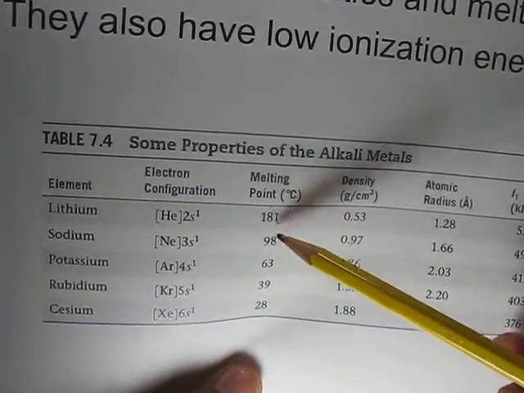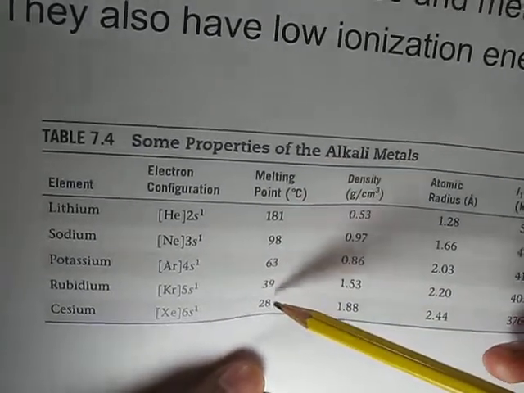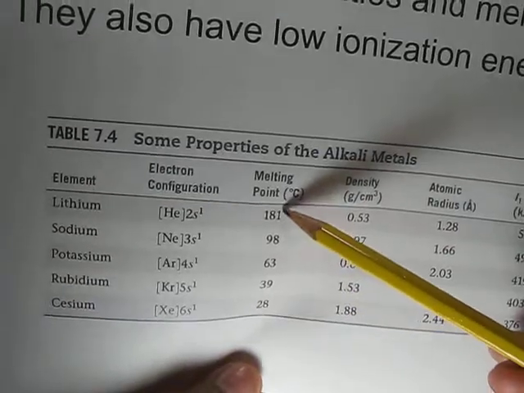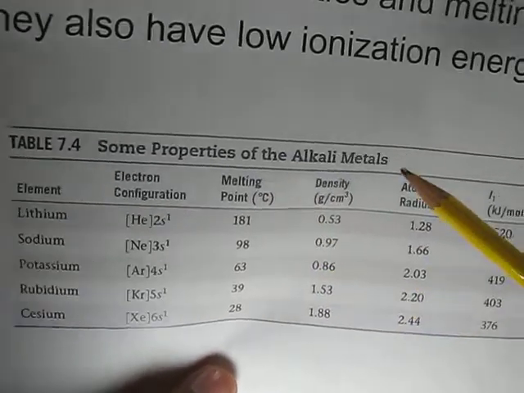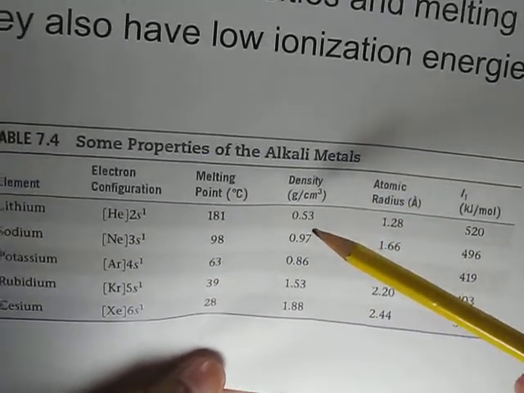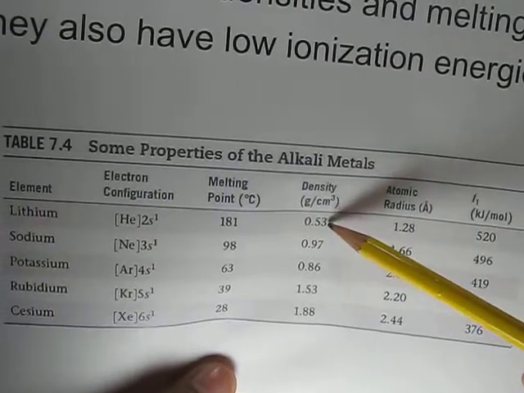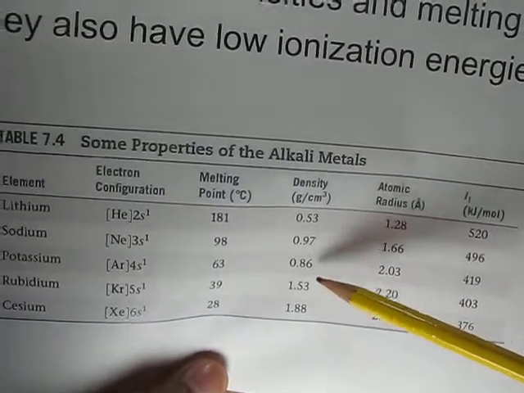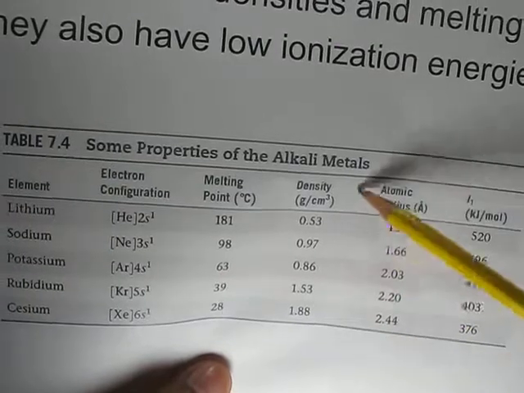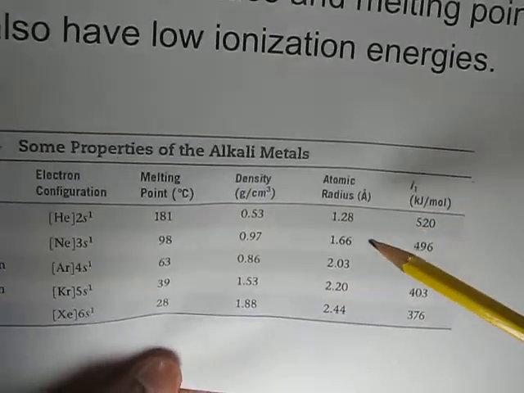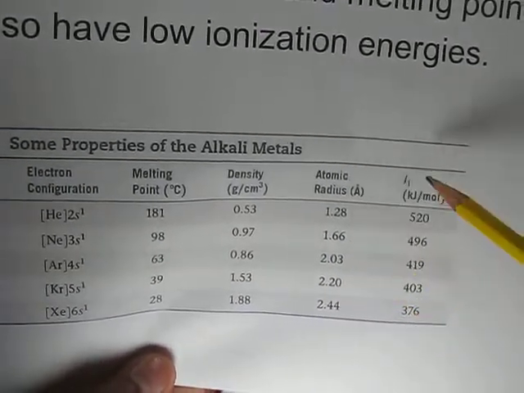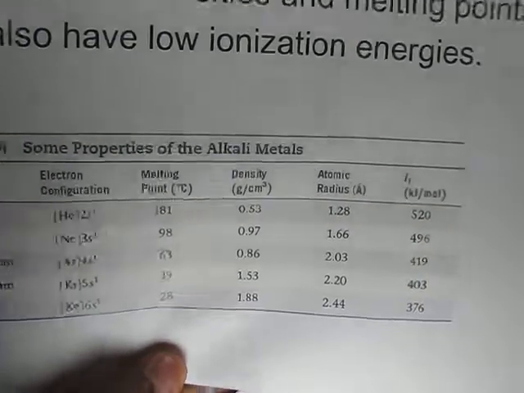The melting point is lowest at 28 and highest at 181, which is not much. The density is very low; water has a density of 1, so they are not very dense. Atomic radius and ionization energy are also given here.